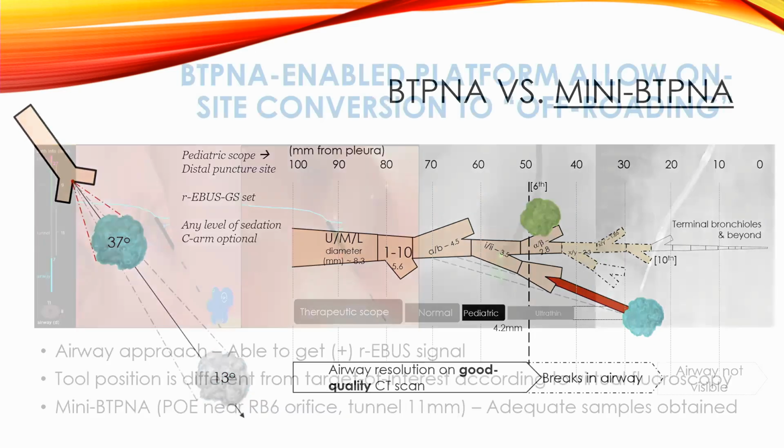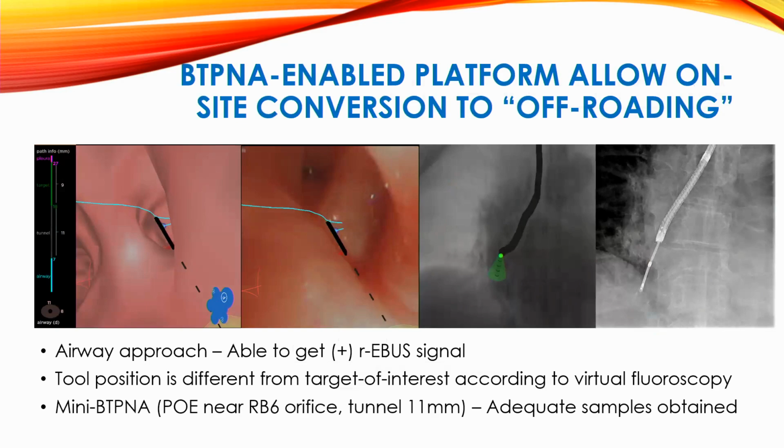And for this particular lady, this is exactly what we did. We first approached it just like any other radial EBUS case. And not surprisingly, we got to the target and there was a positive radial EBUS signal. But then on the fluoroscopy, it did not match the virtual fluoroscopic site as we wanted it to be.